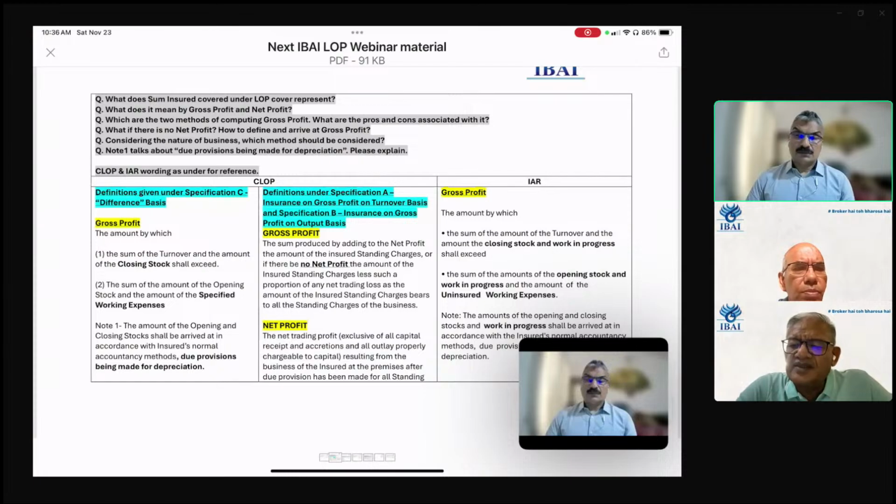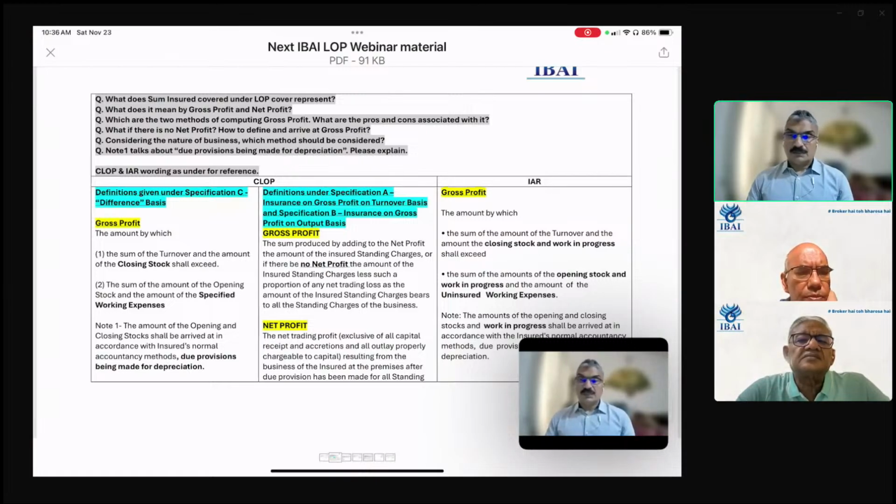As Ashok was saying earlier, the policy assumes that an expense is either a standing charge or a variable expense. There is nothing like a semi-variable or semi-standing kind of thing, but there could be some expenses like that. It will have a component of variable also, but that doesn't matter.